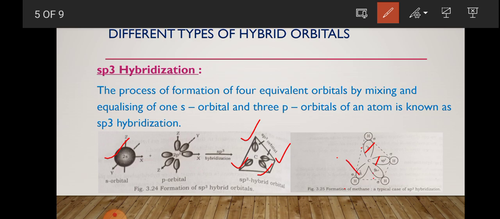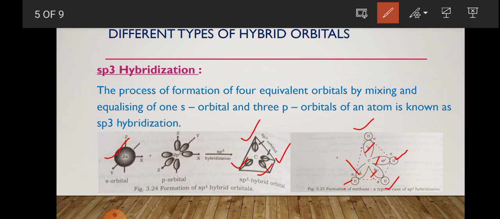These four sp3 orbitals are combined with one s orbital of hydrogen. Every sp3 orbital combined with one s orbital of hydrogen and forms four sigma bonds with hydrogen, and this is the structure of the methane molecule.